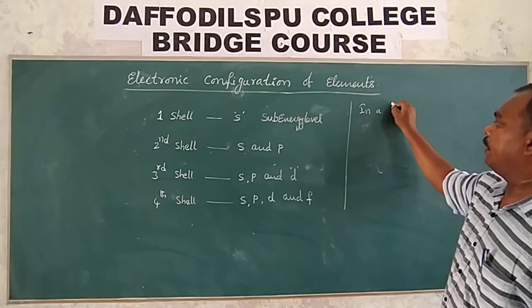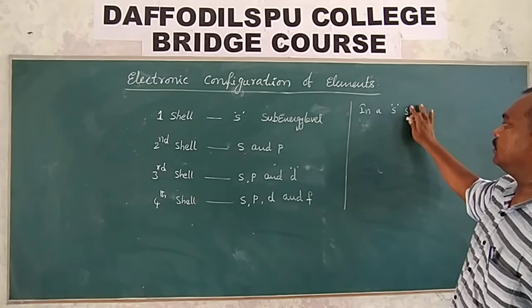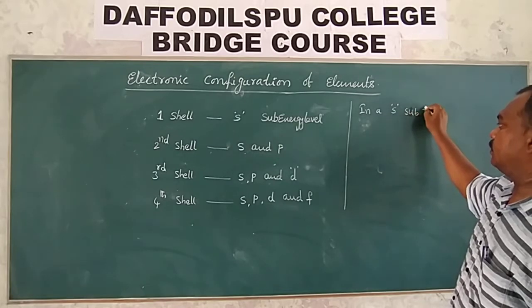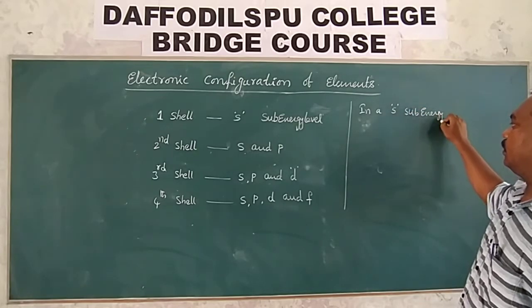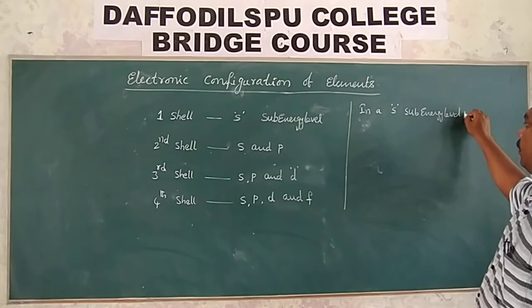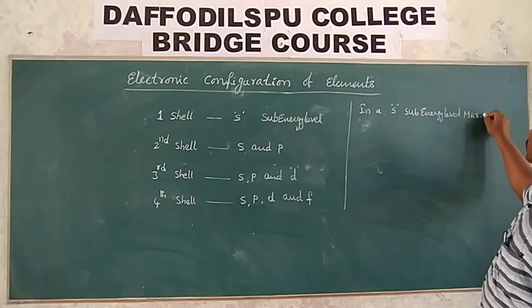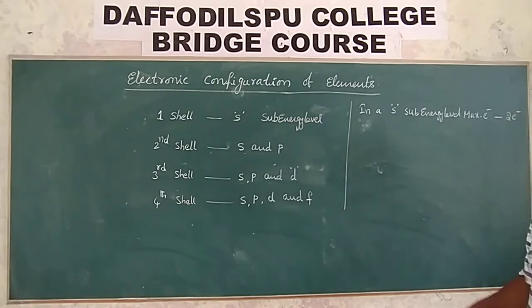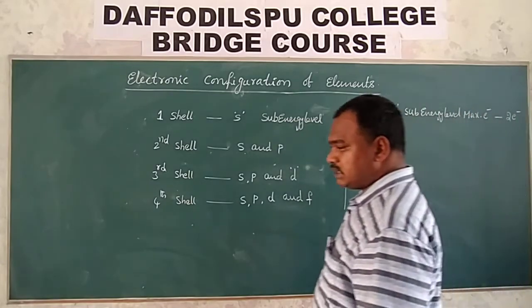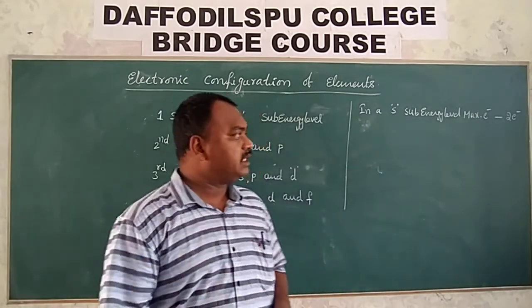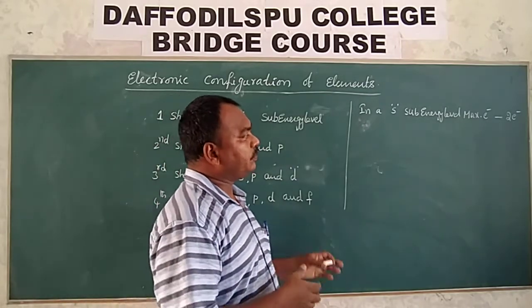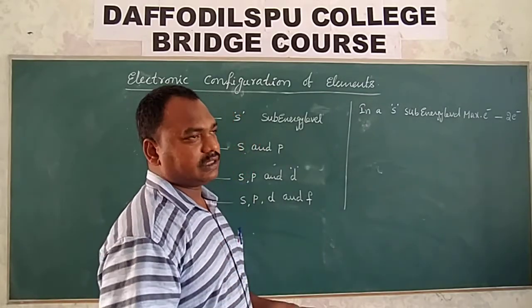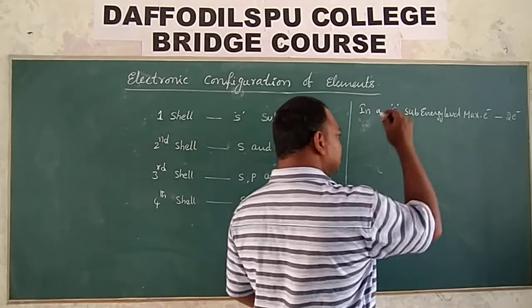After that, in an S sub-energy level, maximum electrons are only two. So in an S sub-energy level, what is the maximum number of electrons you can put?